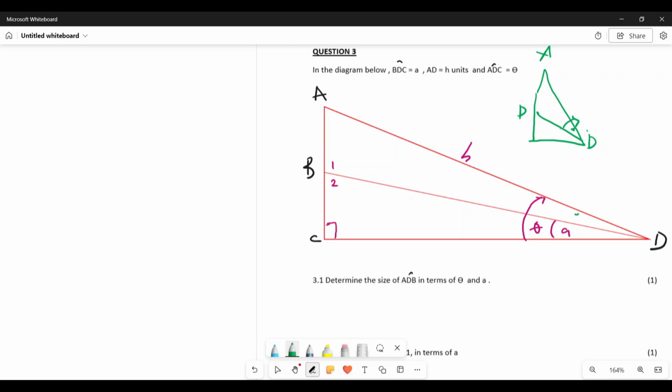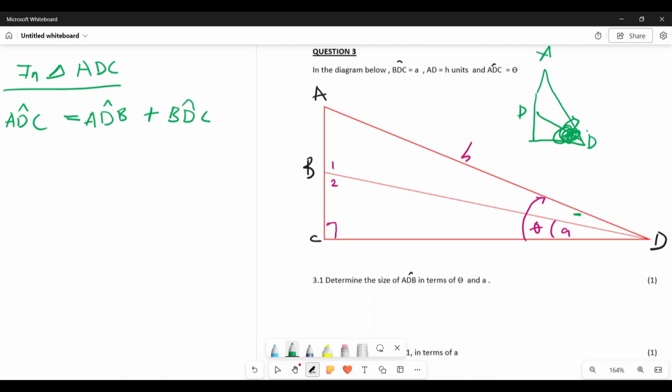Now, how would I go about doing that? Looking at the bigger triangle, in triangle ADC, I know that angle ADC, which is this angle as a whole, is equal to angle ADB, which is this angle here, plus angle BDC, which is this angle here, right?